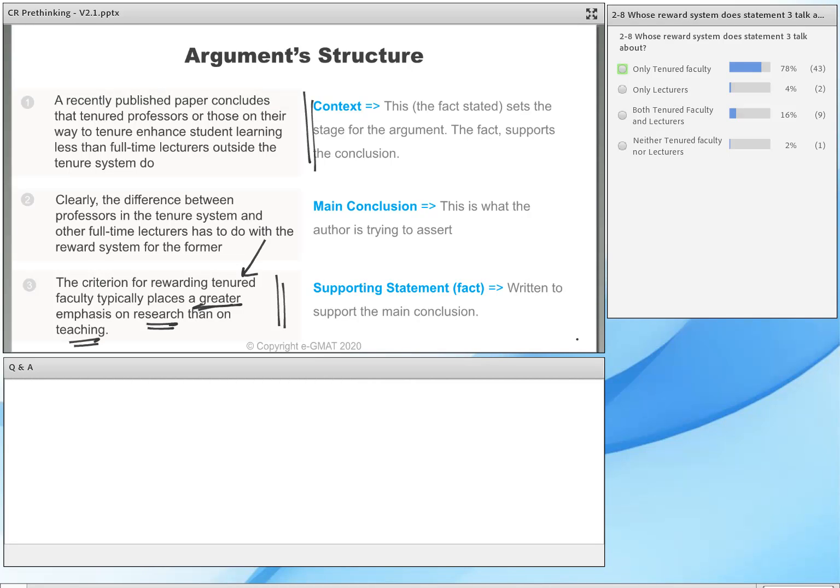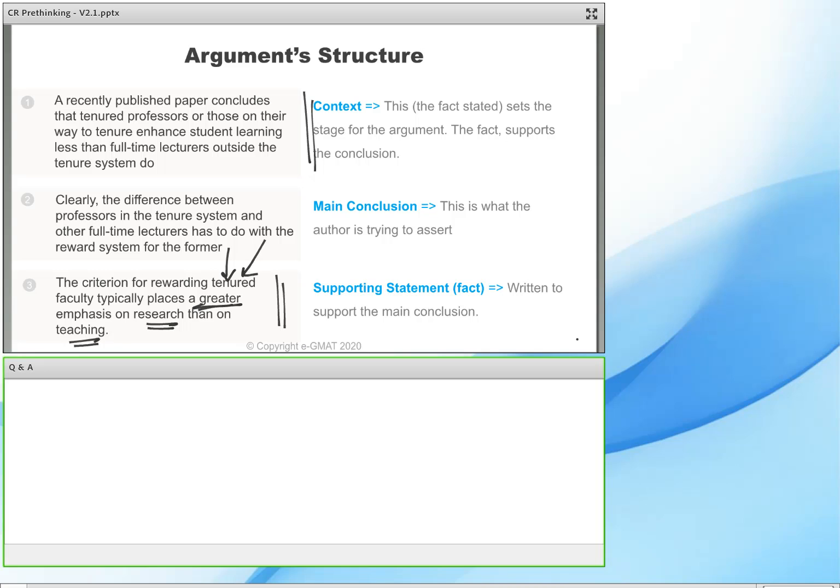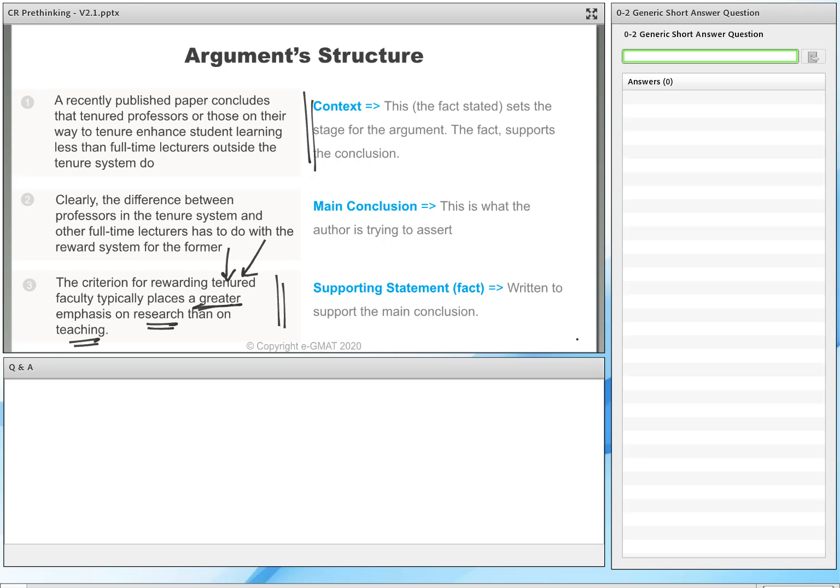Maybe there's 70% emphasis on research and 30% emphasis on teaching for tenured faculty. We don't know anything about the reward system for full-time lecturers. Is that clear for all the people who did not choose just tenured faculty? We have no information about lecturers here.